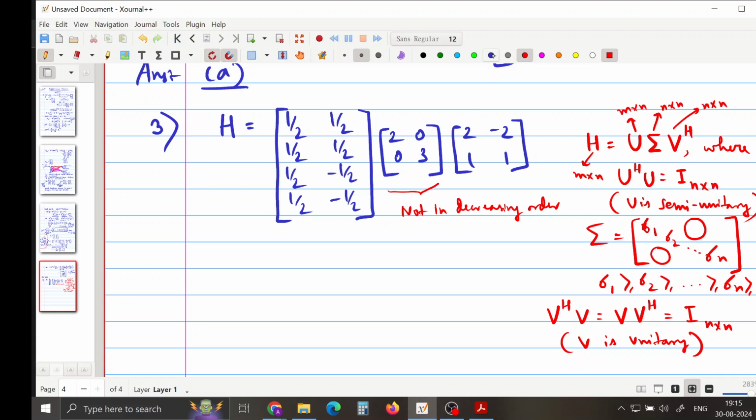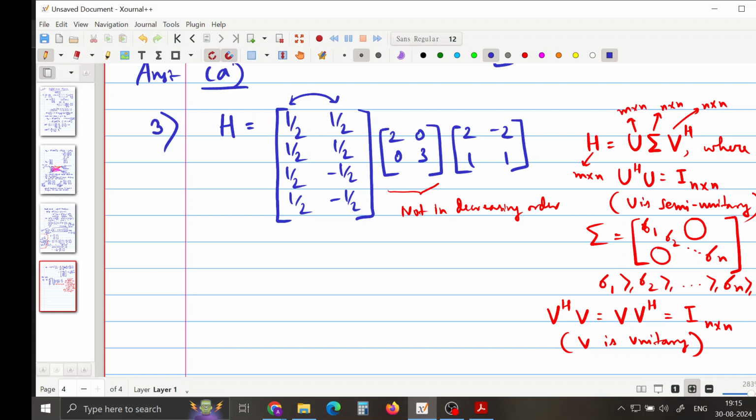As sir showed you in the lectures, what he did was he exchanged the columns of the first matrix. So I'm denoting it by this, it's like a column swap.